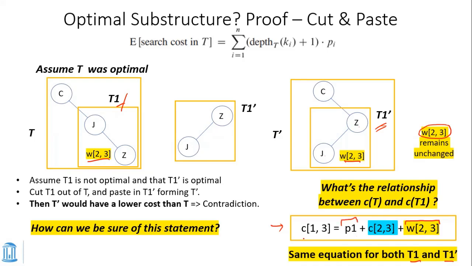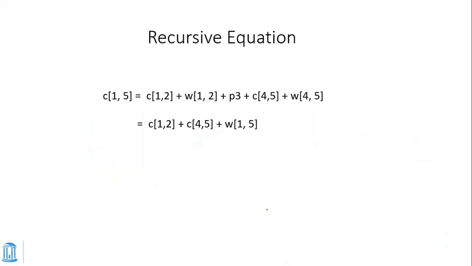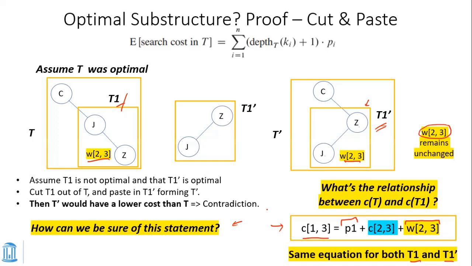So the cost of 1 to 3 now is simply a function of the cost of the subtree. So if the cost of the subtree is smaller, then the cost of the bigger tree is also going to be smaller. So essentially, this particular equation, which we said, how can we be sure of this? We've essentially confirmed this particular equation. So this is confirmed.